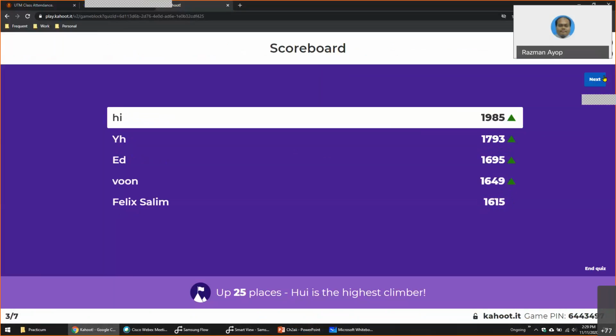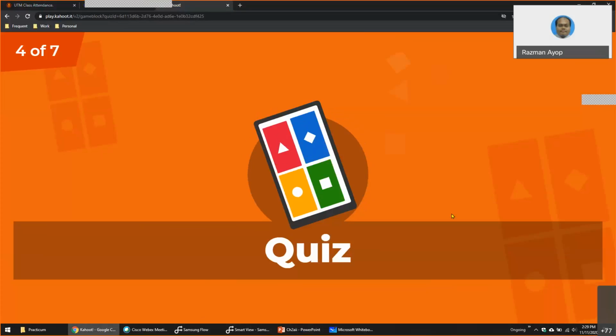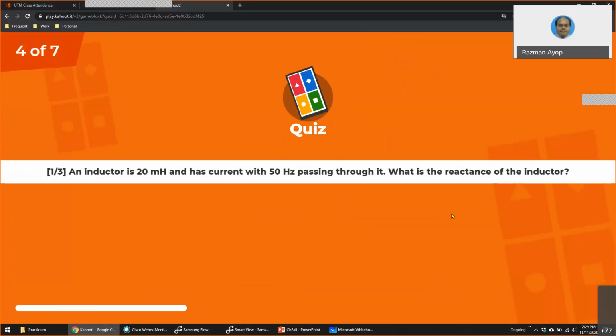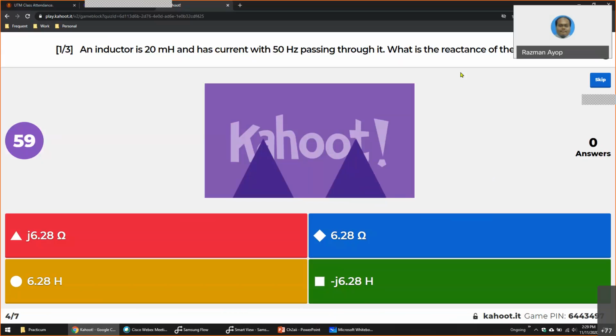So right now, Hai has the highest mark. Change it to reactance X. Reactance has no j, so no complex imaginary part.